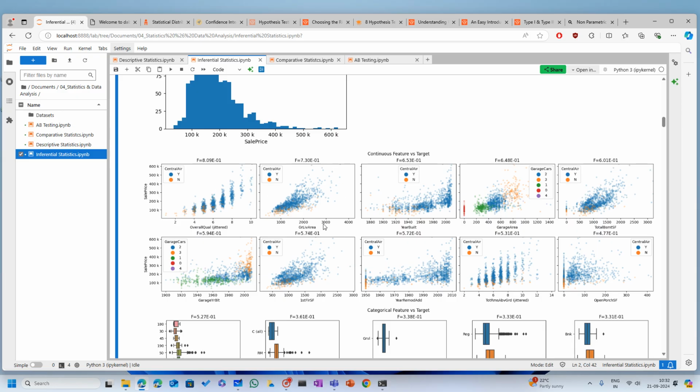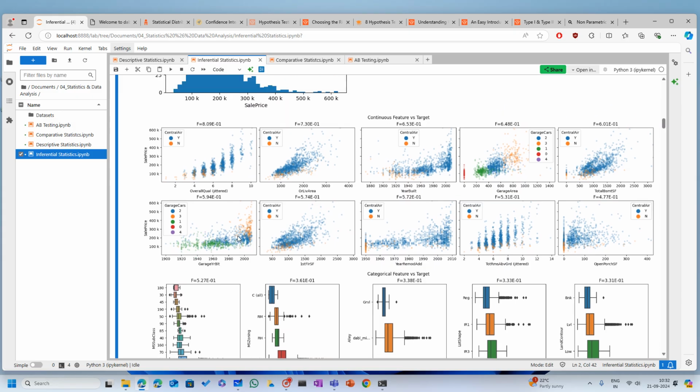Can I ask a question here? Yes, please. What we see here in each of these is what we call scatter plots, right? And here sale price is on the y-axis for each of them, being the target variable. In each of these scatter plots, one feature is selected, like overall quality, living area, or year built.